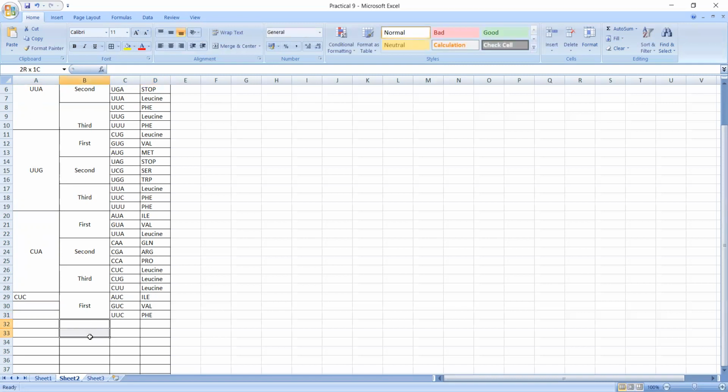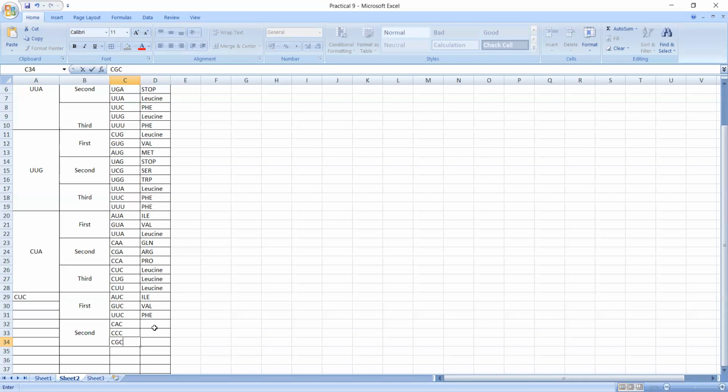So let us solve for the second base now. What is the second base here? The second base is U. So CAC, CCC, and CGC.